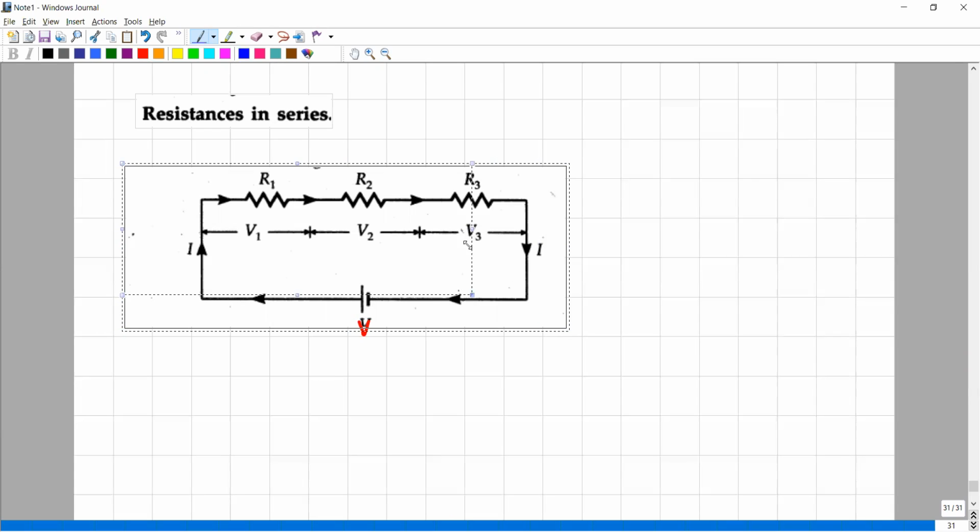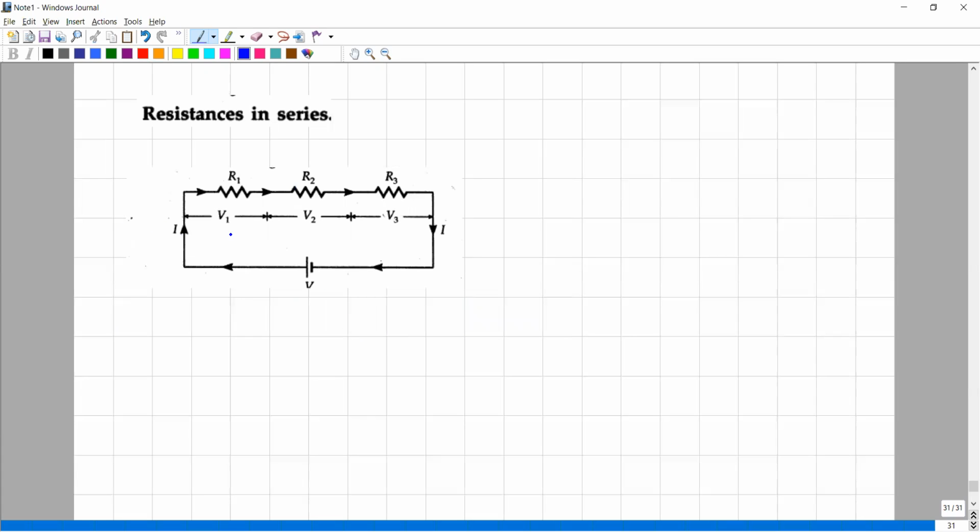Now you know that the potential drop across each resistance will be V1, V2, and V3. According to Ohm's law, V1 is equal to I R1. Current I is flowing in the circuit, and potential V is given by the cell.